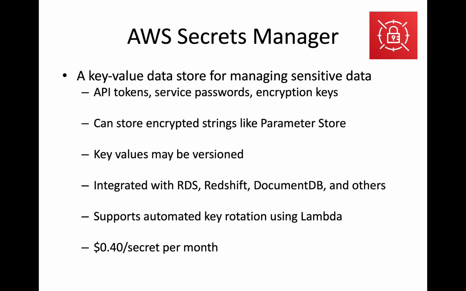So it stores all of this data in an encrypted format. You can store multiple values in Secrets Manager. Each key can have multiple values, and those values may be versioned. It's also tightly integrated with a variety of different AWS services like RDS and Redshift and DocumentDB, amongst other services.